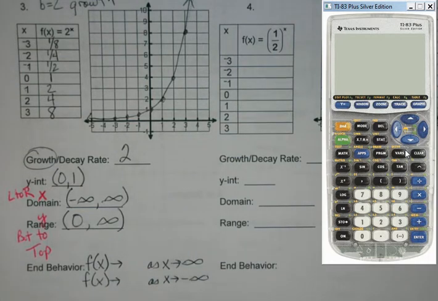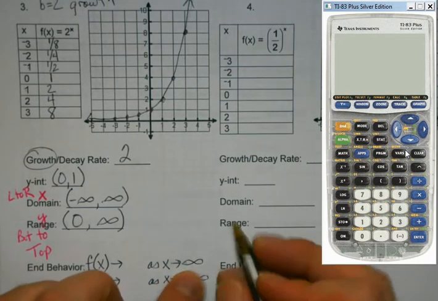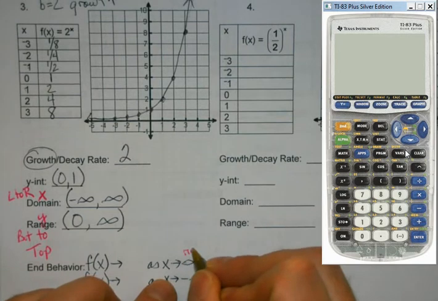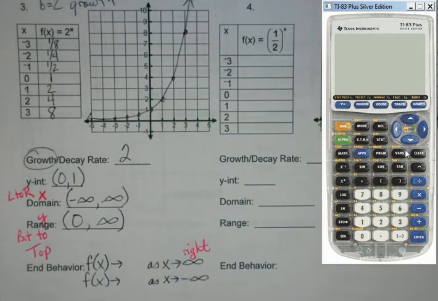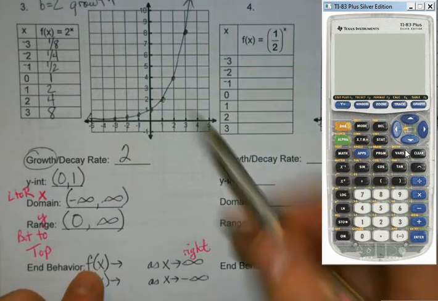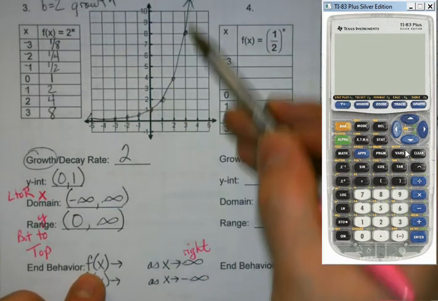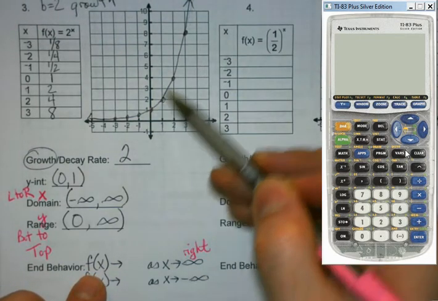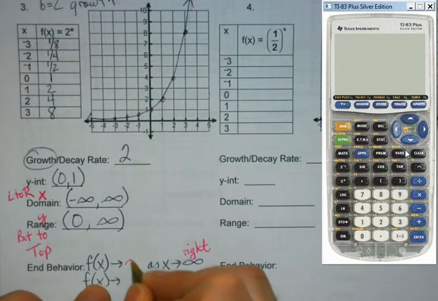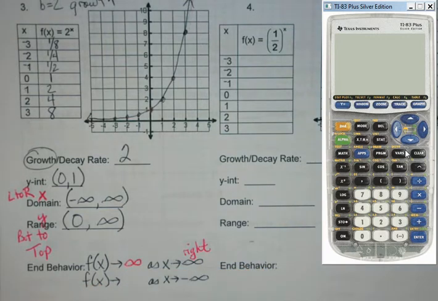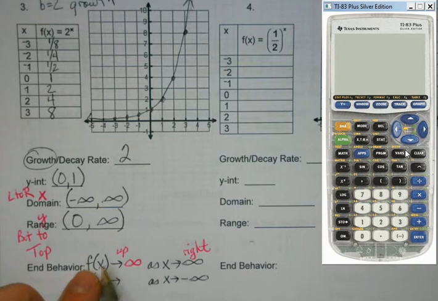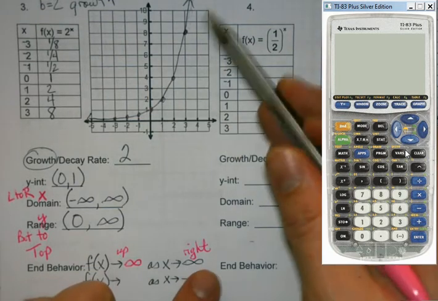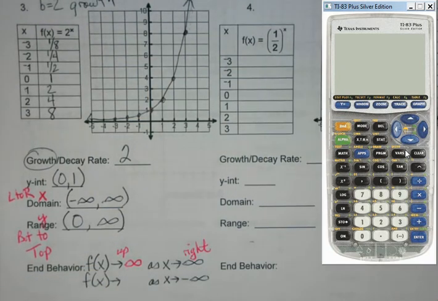Now, I can still think of it as x goes to positive infinity, as x goes to the right, what's happening to y? Right. As this goes to the right, y is heading off to positive infinity. So I can put that in. Basically what I'm saying is, y goes up as x goes to the right. I'm making a verbal description of what it is.